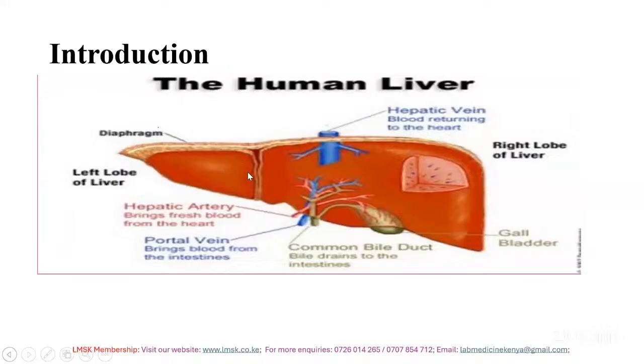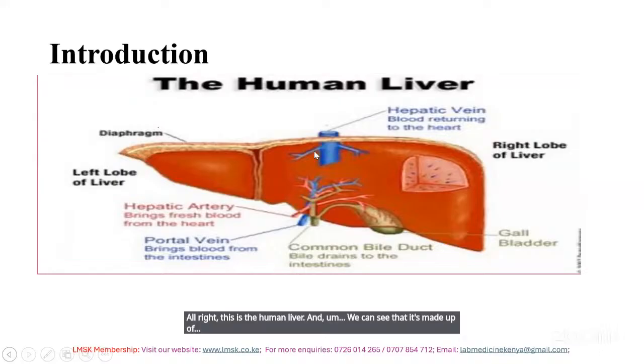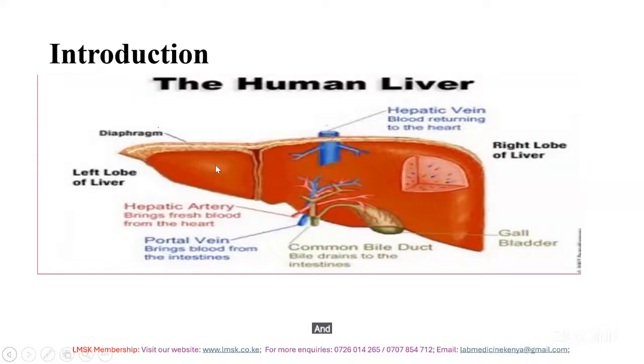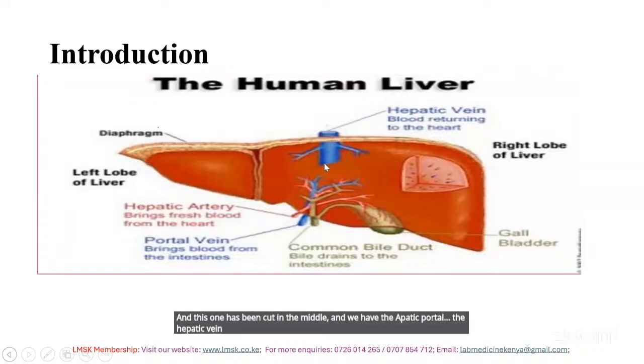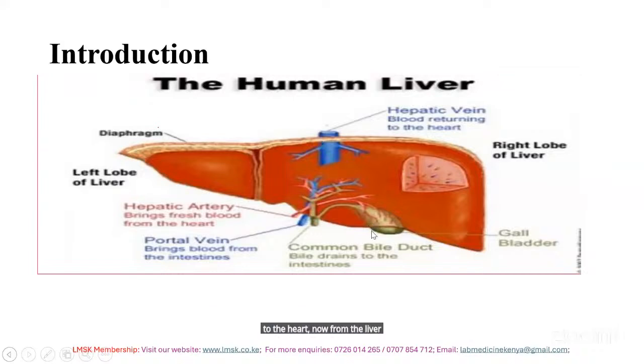All right, this is the human liver, and we can see it's made up of two regions. This one has been cut in the middle. We have the hepatic vein that's returning blood to the heart from the liver. We have the gallbladder over here. We have the common duct here.